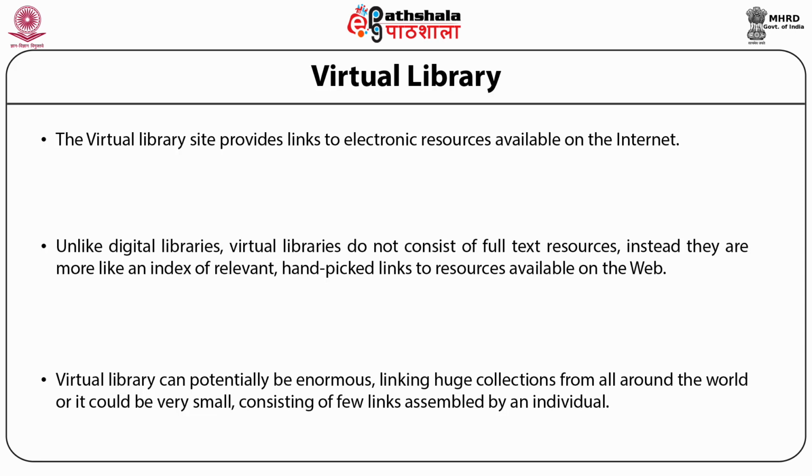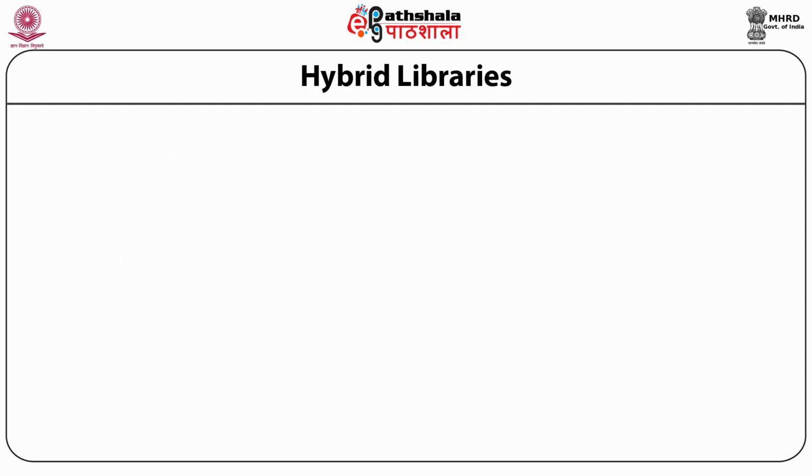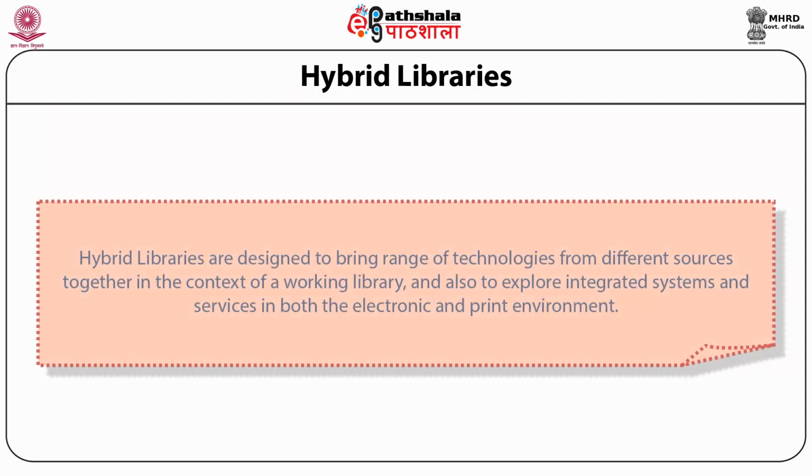Instead, they are more like an index of relevant, handpicked links to resources available on the web. Hybrid libraries are designed to bring a range of technologies from different sources together in the context of a working library and also to explore integrated systems and services in both the electronic and print environment.